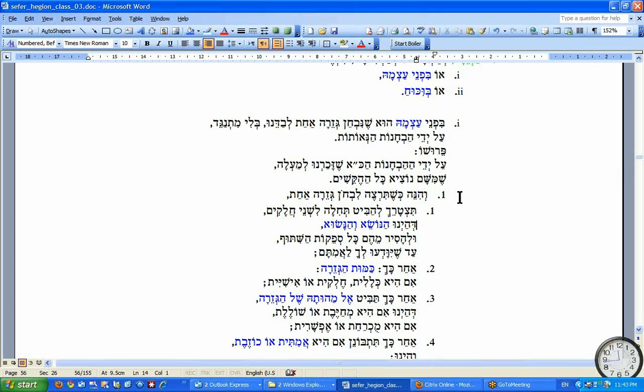No, ambiguous should be sfeikus, but ambivalent. In other words, that it can have a double meaning. Okay. It is like a homonym. A homonym, exactly. Ad sheyivadu lecha al amitam. So then, when you do that, then you'll be able to find out the truth.